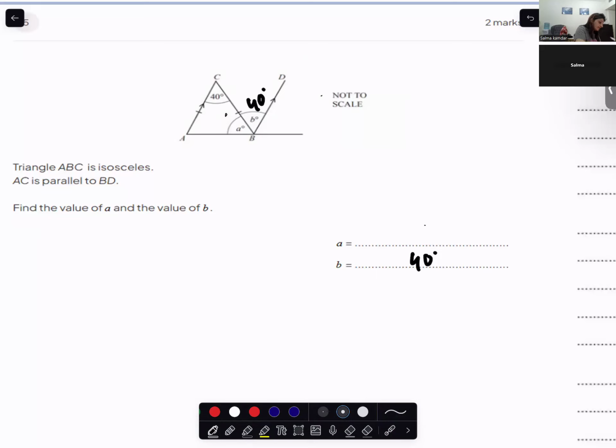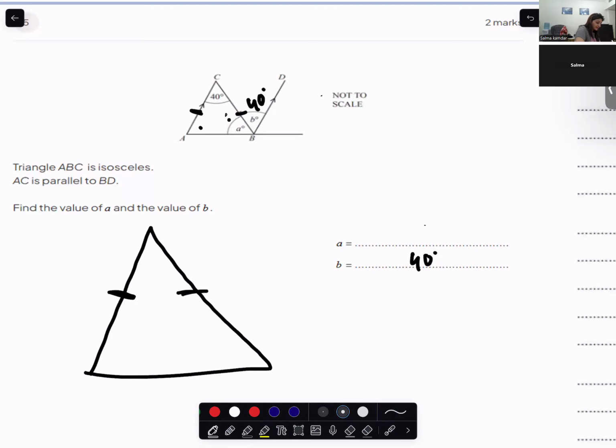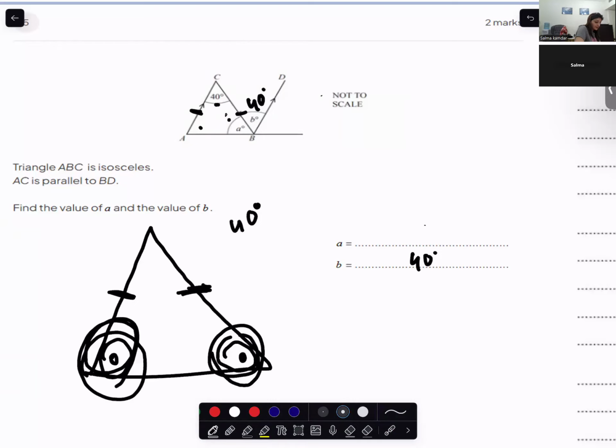Now I have to find angle A. Since this triangle is an isosceles triangle and I see these two sides are equal, these two angles will be equal. If C is 40 degrees, the remaining two angles total 180 minus 40, because all the angles of a triangle sum up to 180.